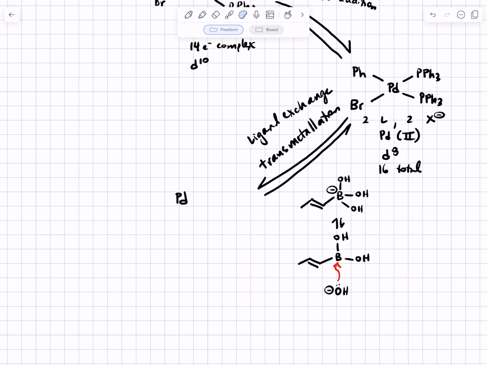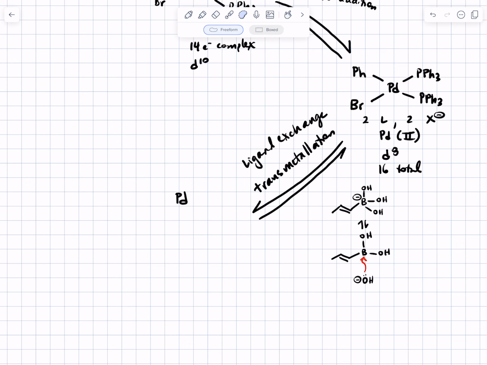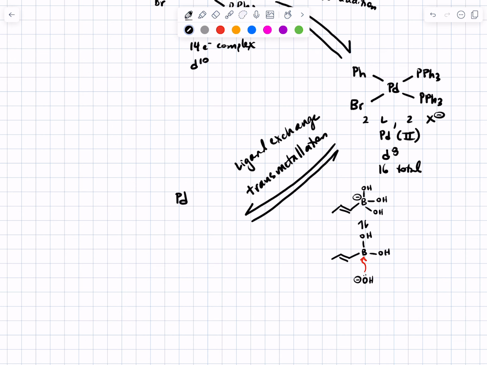We're going to see that the boron delivers the carbon and makes a new bond between this carbon of the boronic acid and the palladium. At the same time, the bromine ligand comes off, and at the same time, you're left with boron bonded to 3 hydroxyl groups.